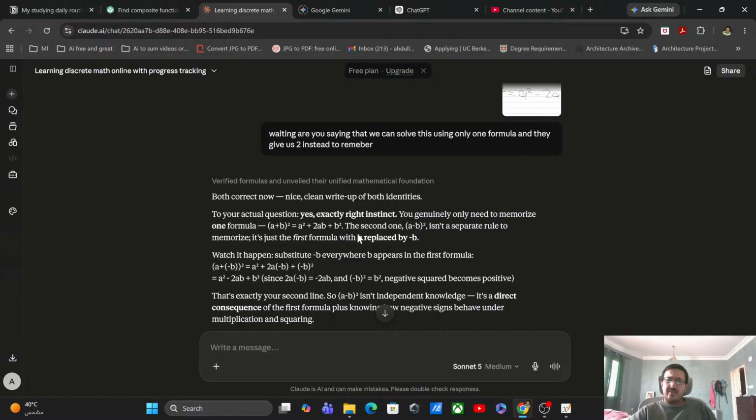The second one isn't a separate rule to memorize. It's just the first formula with b replaced by minus b. Watch what happens. Substitute minus b everywhere b appears in the rest.